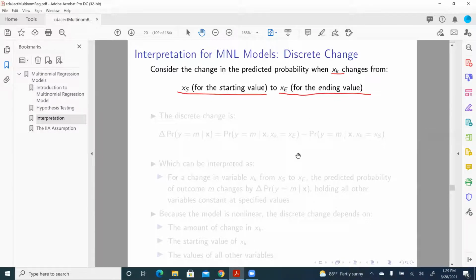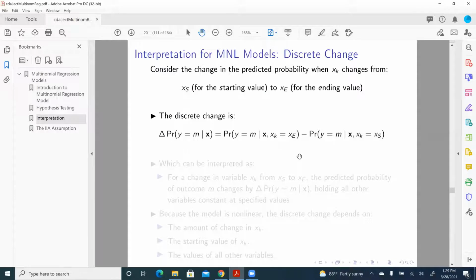In this case, the discrete change, the difference in the predicted probability, is equal to, well, we begin with xk equal to the ending value. Where this xk ends, we calculate the predicted probability given the estimated maximum likelihood estimates of the betas.